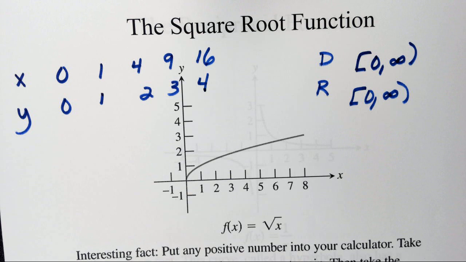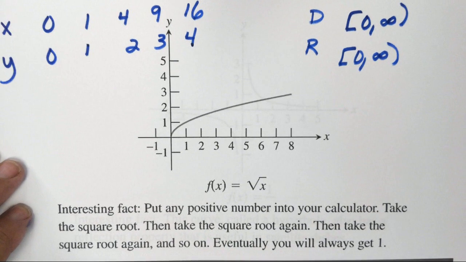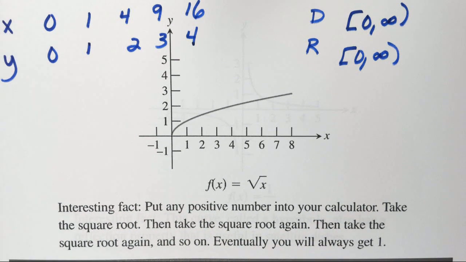Negative 2, negative 1, 0, 1, and 2. All right. Notice what it says down there. Interesting fact. Put any positive number in your calculator, take the square root, then take the square root again, and then again, and again, and again, and eventually you'll get what? 1. Okay?